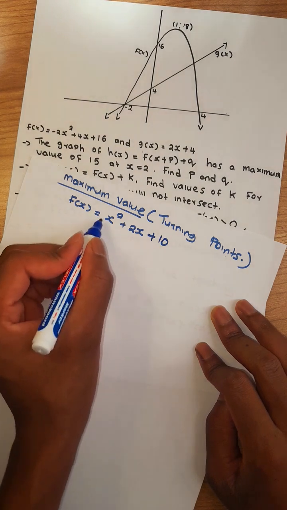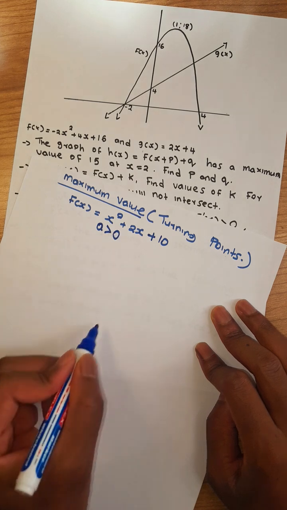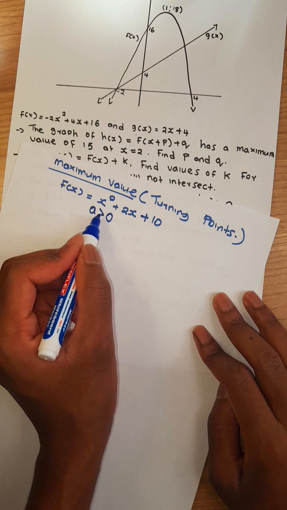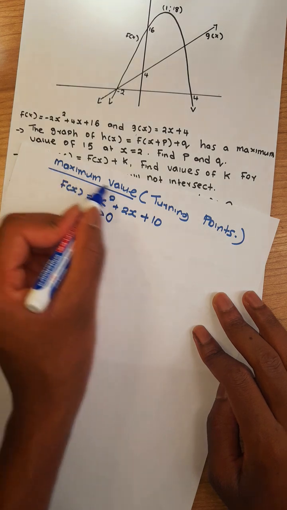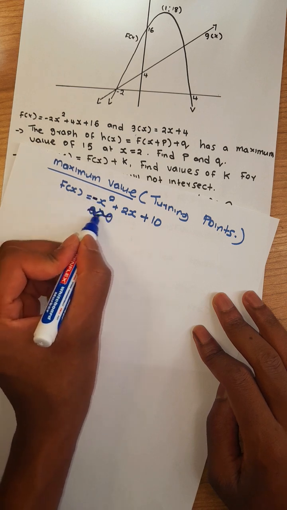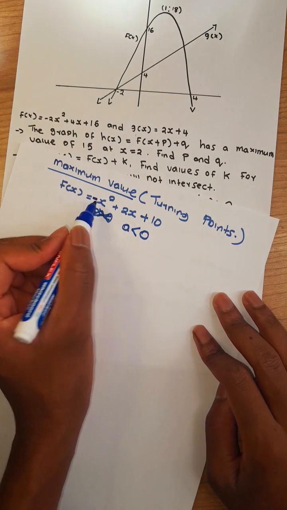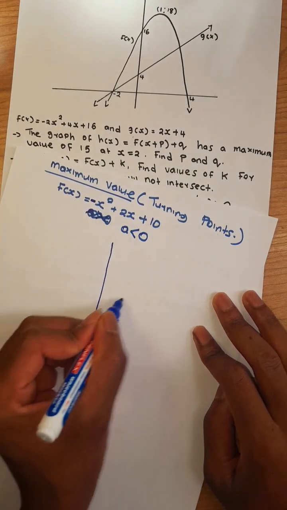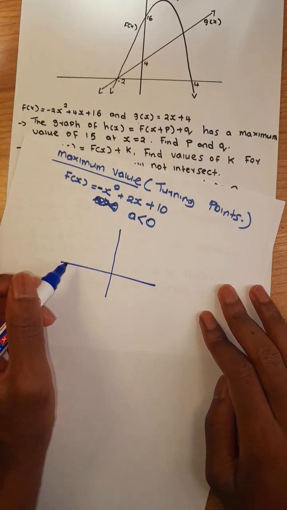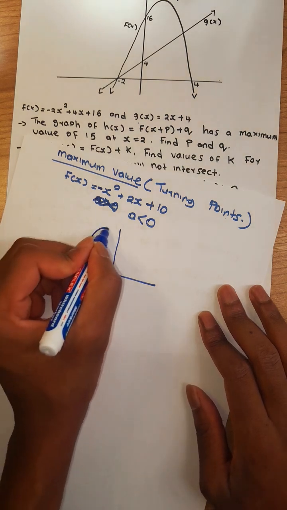You realize that your value of a is going to be greater than 0. So when you are having a function that has a value of a greater than 0, for the sake of saying I said maximum value, let's just put a minus. So it means that your value of a is going to be less than 0 because it's a minus. So you know that when you draw the sketch of your function, it is going to be concave down. So it is going to look something like this.